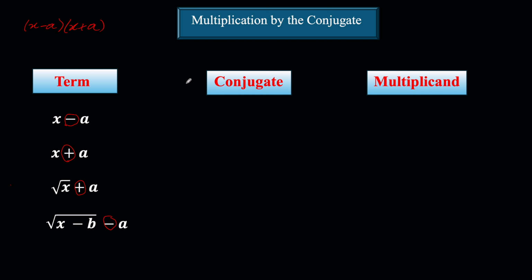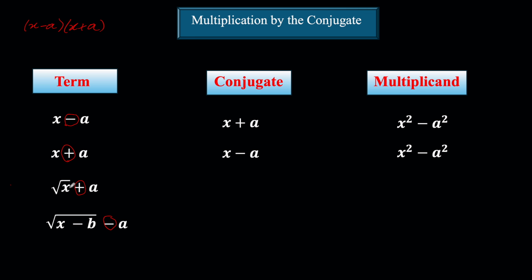So here it is the same, x minus a, x plus a. You can say directly it is x squared minus a squared. Then for this one, here you have plus, you change just the sign to minus, and the multiplication is x squared minus a squared.